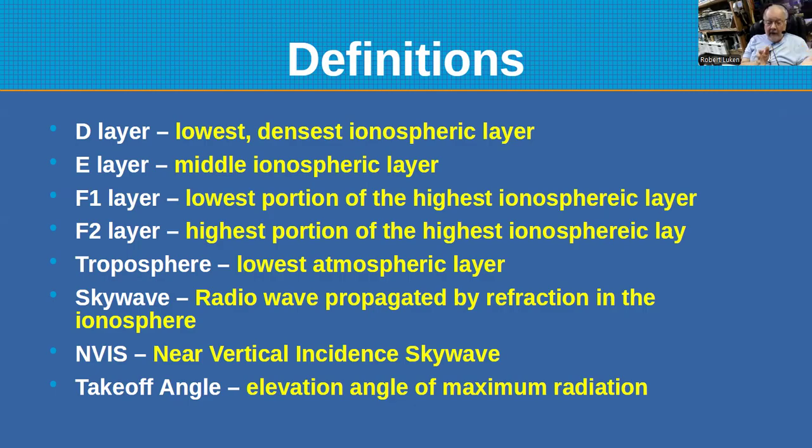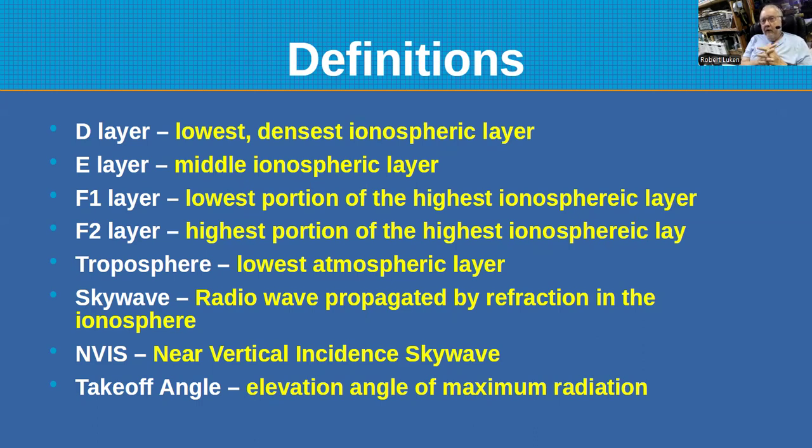So the top of the F layer gets the most radiation, the D layer gets the least. But since the top of the F layer is the least dense, it has a different effect than as you go down through the layers.